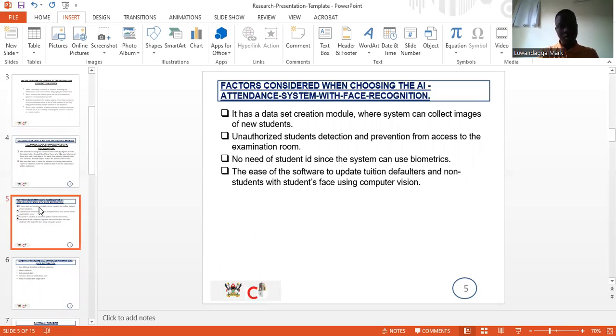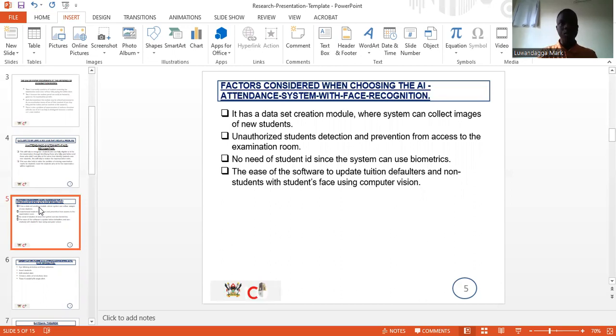Then there is unauthorized student detection and prevention from accessing the examination. Once it identifies that you're not a student, the invigilator or the lecturer should tell you to step aside, and the students who fully paid should be able to enter. There is no need for a student ID, since the system can use biometrics.